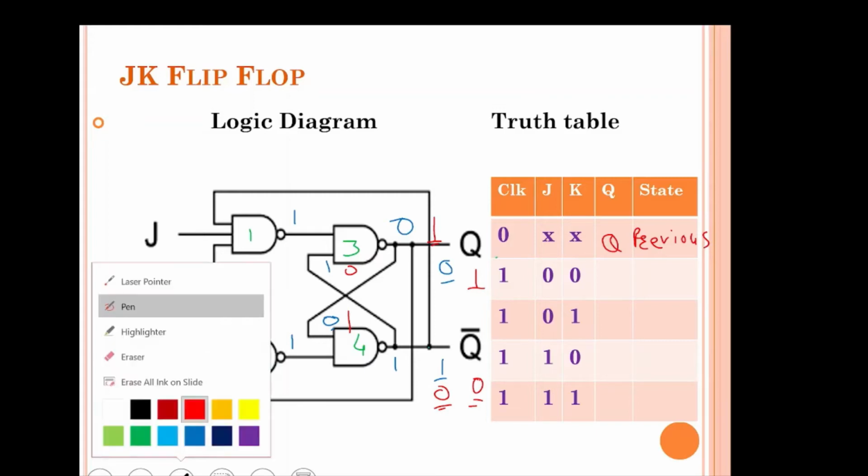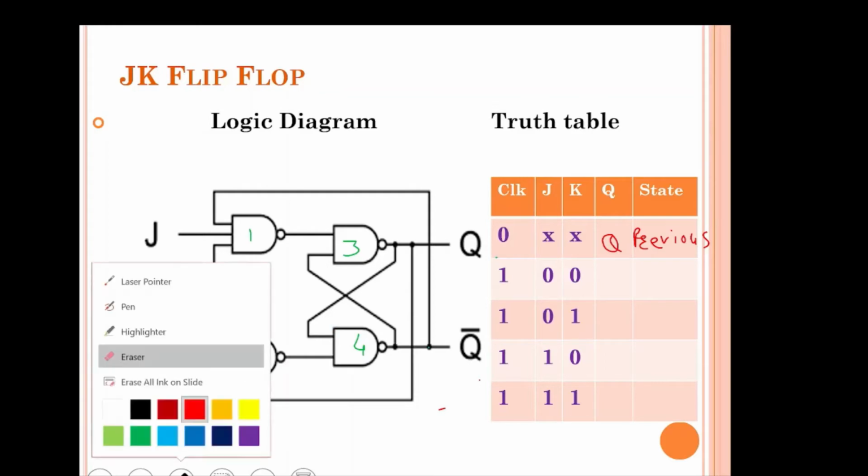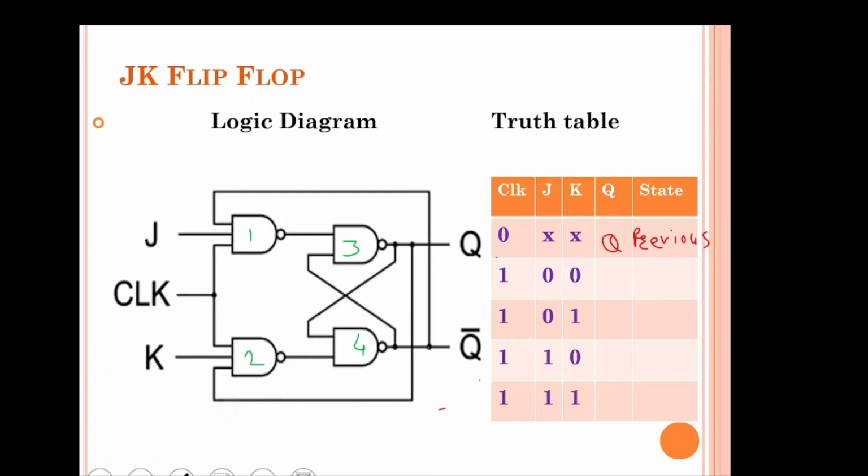Now let me erase these things and let us check the output for the second input combination. Next input is clock is 1, J is 0 and K is 0.